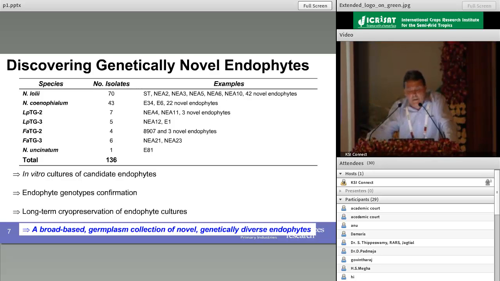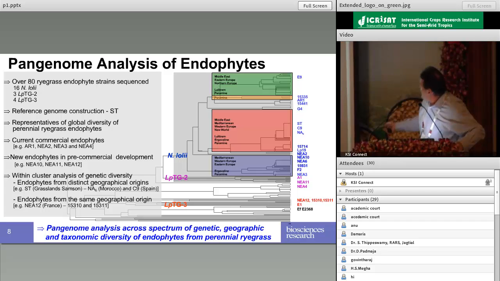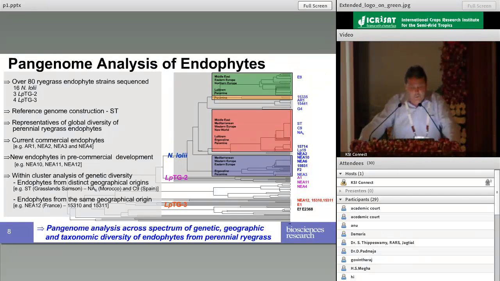The other, complementary approach that we use is selecting across the diversity panel of endophytes, representative across the different groups, and subjecting those to a pangenome analysis, and in that manner characterizing both the core as well as the flexible genome.